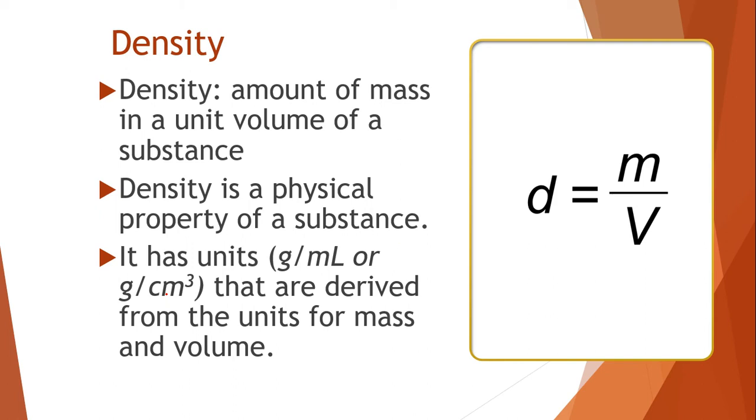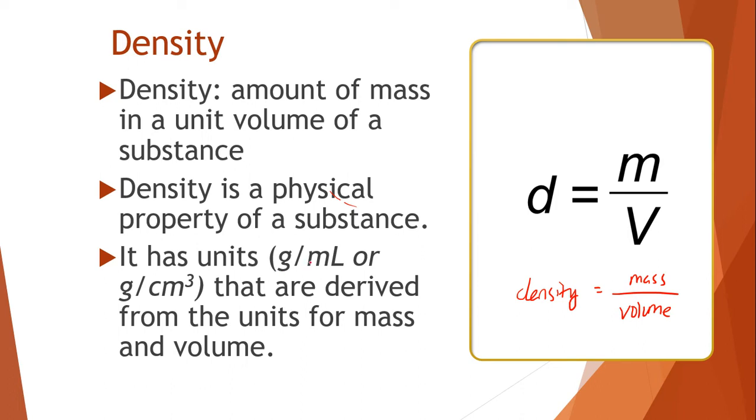The next one we have is density, and this is one of the last ones that we cover. Density is the amount of mass per unit of volume that you have. Our equation is density equals mass divided by volume. This is a physical property, and notice that our units are derived from our equation.